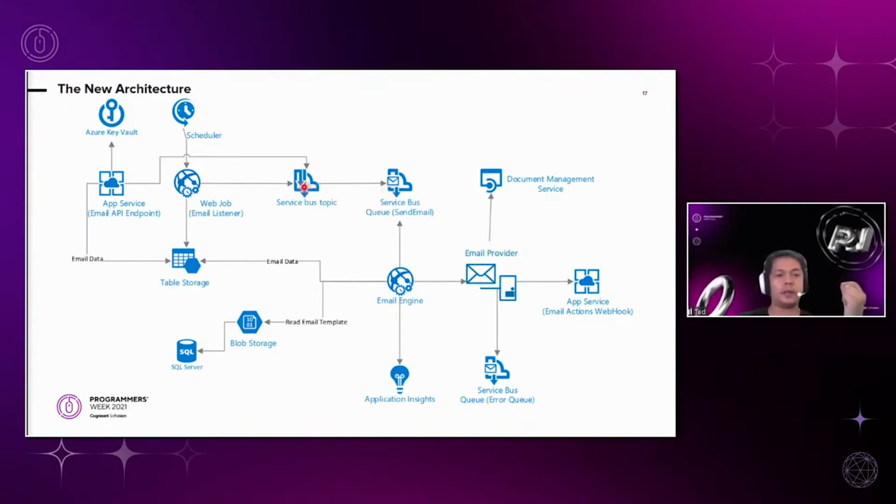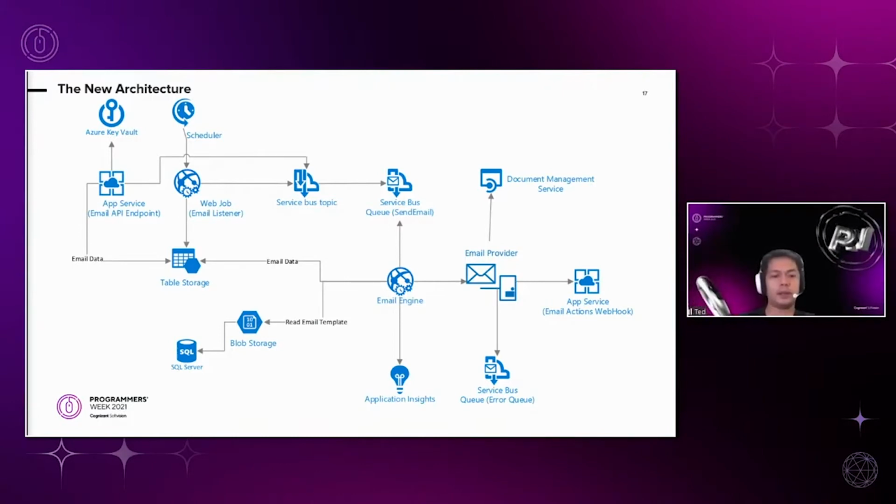So whenever a message comes in, it will publish an event notification to its subscribers, assuming that there are multiple subscribers for this particular topic. But in our case, we only have one, which is the send email service bus queue. And the pattern that we implement for that is a publisher subscriber pattern.